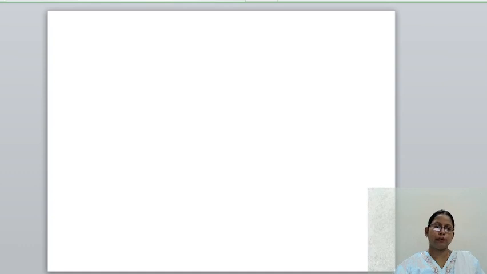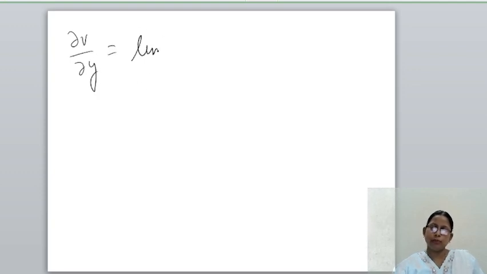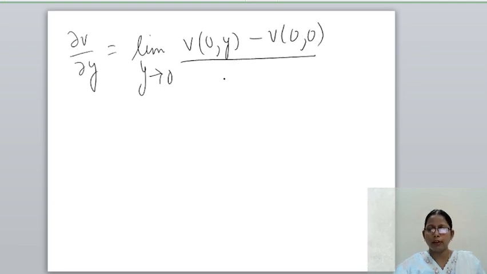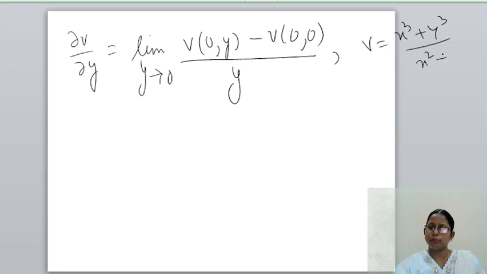Next, again find the value of del v with respect to y. So this is the limit y tends to 0 of (v(0, y) minus v(0, 0)) divided by y. Here v is (x cube plus y cube) by (x square plus y square). If I put x equal to 0, v(0, y) will be y cube by y square, that is y.